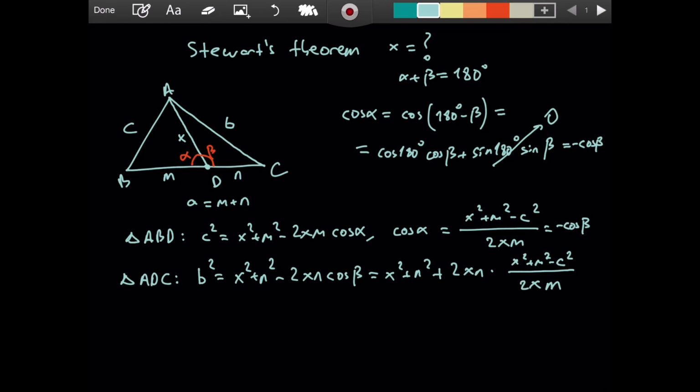Okay, so far so good. I hope so. And so here we could make simplifications. The 2x's simplify, and that's about it.